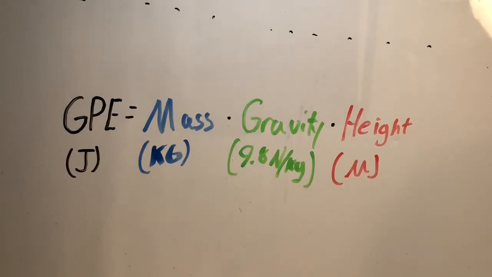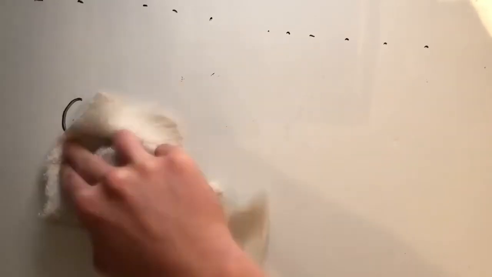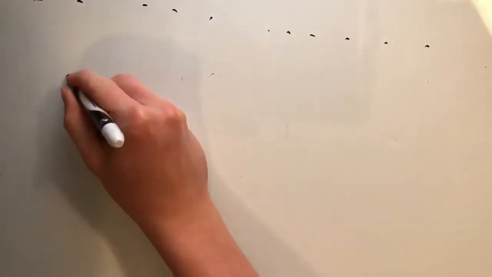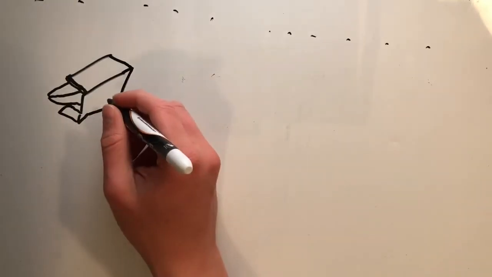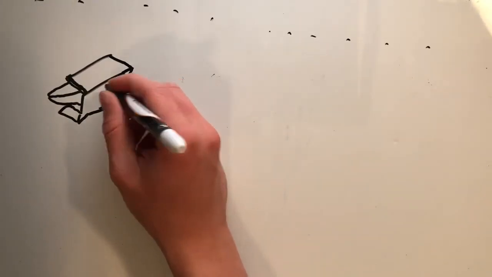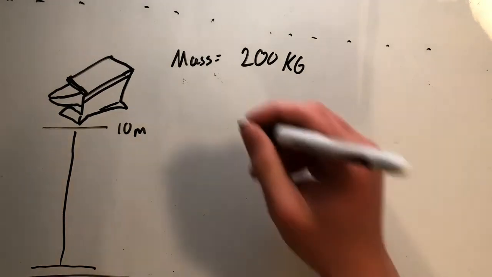Let's take our formula and calculate gravitational potential energy with an example. Let's say that an anvil that weighs 200 kilograms is sitting on top of a trapdoor 10 meters above the ground. What is the gravitational potential energy of this anvil?